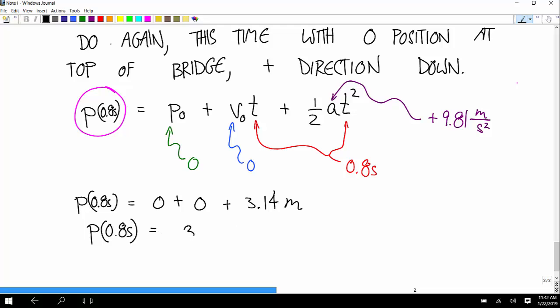So the position is 3.14 meters positive. And so what does it mean now that the rock is 3.14 meters in the positive direction from 0? Since our positive is down, it means it's gone 3.14 meters down, which is the same thing as saying the bridge is 3.14 meters high.